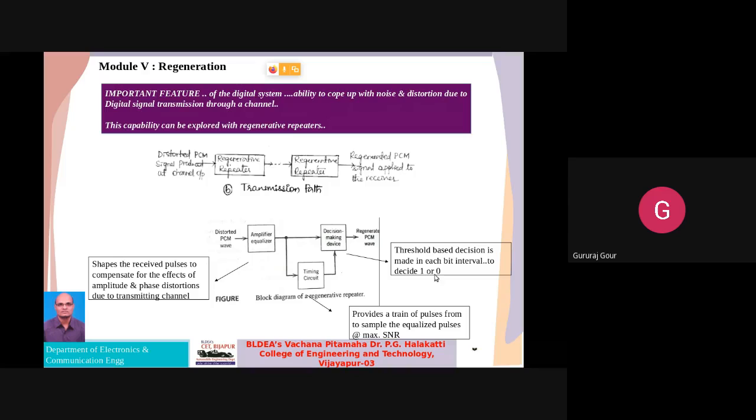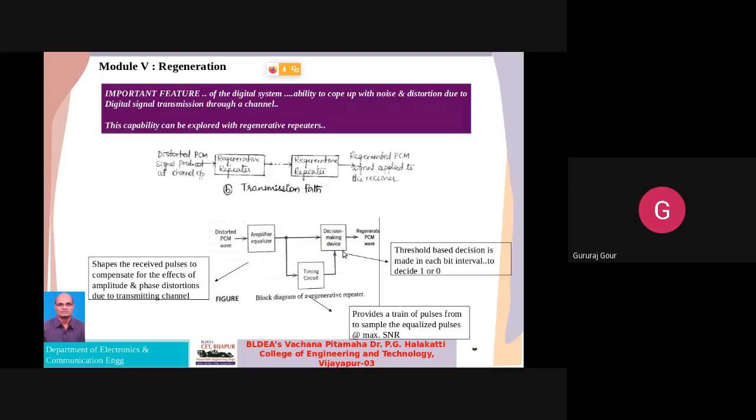maybe 1 or 0, based on some threshold. Now to decide that, we are using these timing circuit pulses. It has been noted here, it provides a train of pulses to sample the equalized pulses. So whatever pulses you are getting are used by this timing circuitry with some delay, only at those instances where we have maximum SNR.